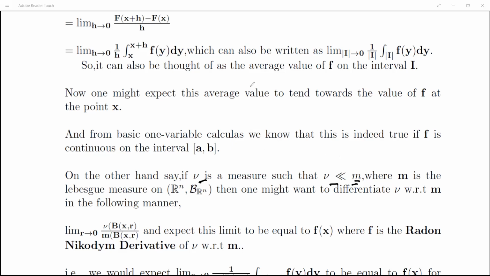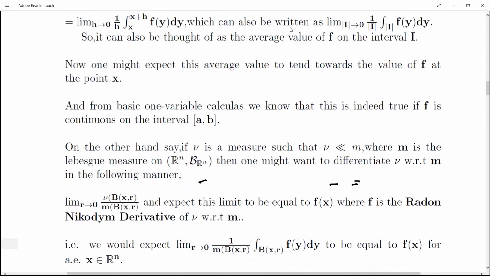Exactly like previously, you calculated the derivative of capital F in this manner. Suppose you also want to calculate the Radon-Nikodym derivative in this way. You want to take the limit as r tends to 0 of the nu measure of some ball divided by the Lebesgue measure of the ball.